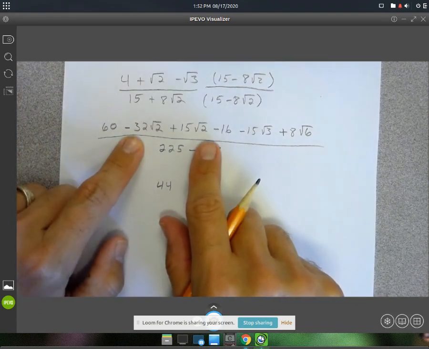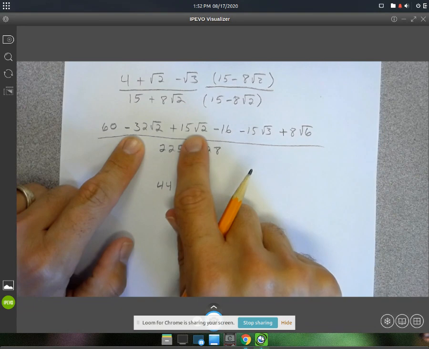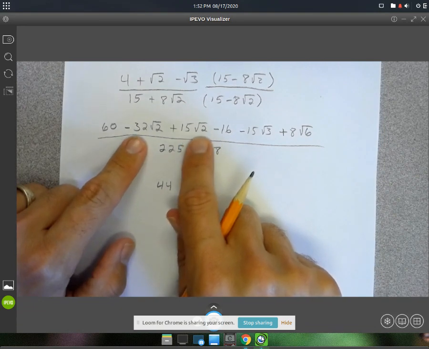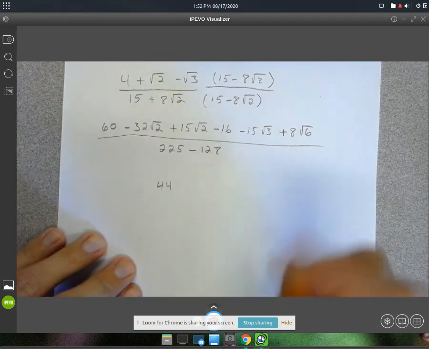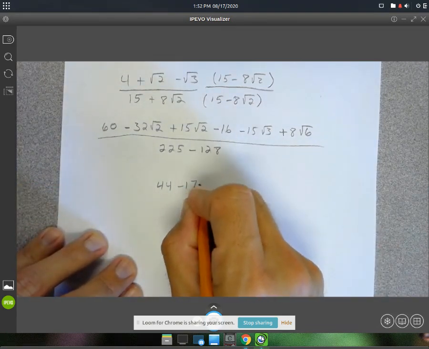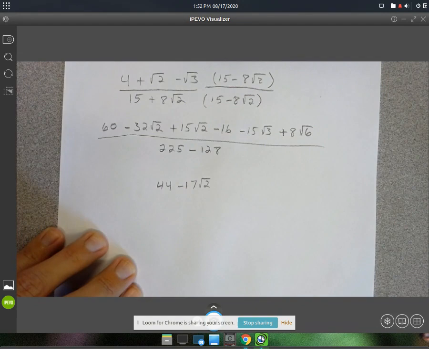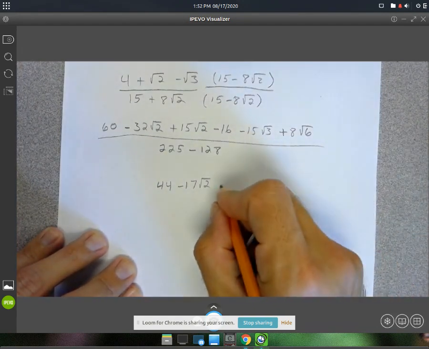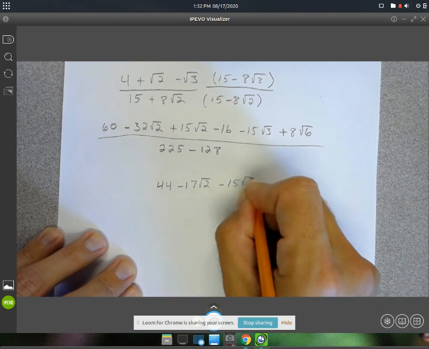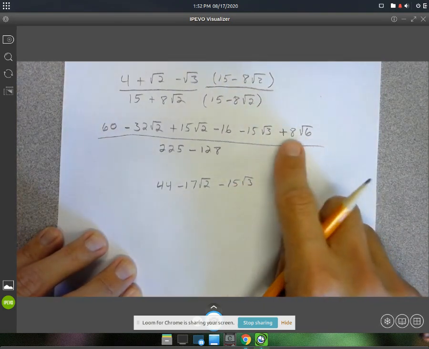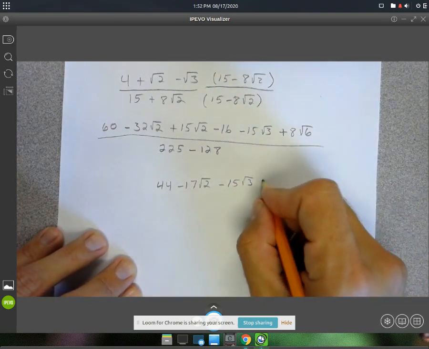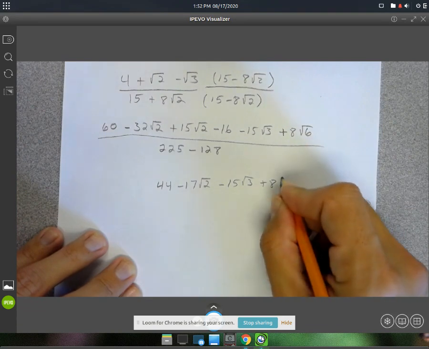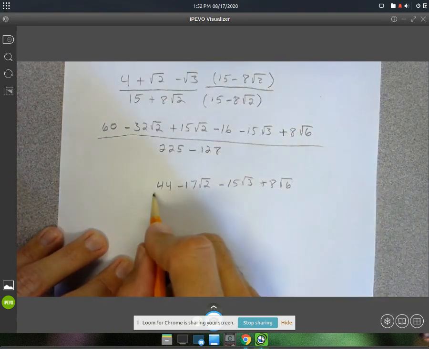We've got a negative 32 root 2 and a positive 15 root 2, so those are like terms. That's going to be negative 17 root 2. Nothing will combine with the root 3, so that'll just be minus 15 root 3. And nothing will combine with our root 6, so plus 8 root 6.